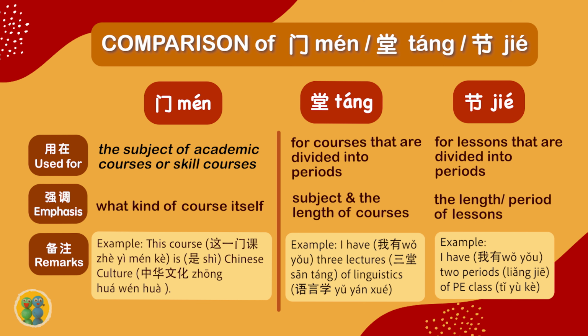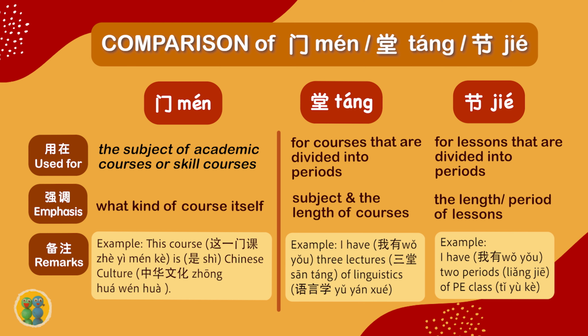So we can see 门 is basically a whole subject thing. 堂 and 节 have different emphasis. 门 puts more emphasis on what kind of course it is. 堂's emphasis is more on the subject and the length of courses. It has both, but 节 puts the emphasis on the length and period of lessons.